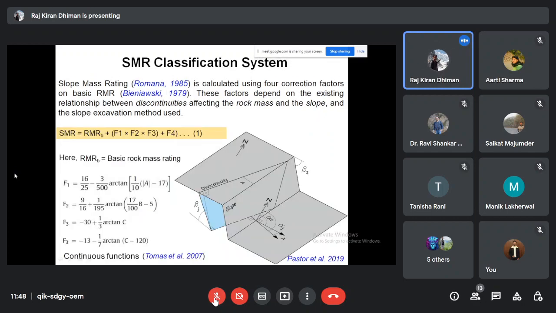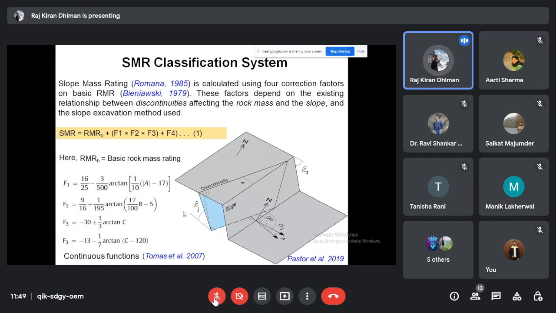F2 is basically the dip amount of the joint. Here you can see beta J. It is the dip amount of the joint. Let's say if this joint is dipping at a 0-degree angle, there is no dip, so this beta J will be like a horizontal plane. And I would mention that in this F2 parameter, the angle of internal friction is actually considered.